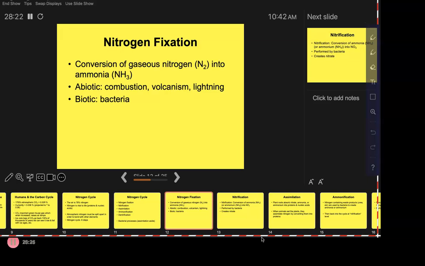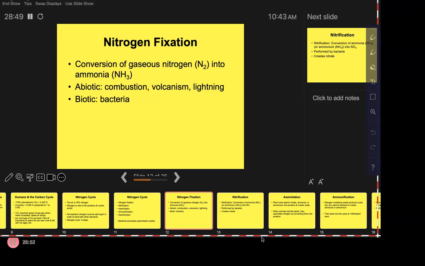So we're taking that N2 and turning it into ammonia. Now, here's another thing that's going to annoy you guys. There's ammonia, there's ammonium, and I think there's another one too. Do your best. I realize this is confusing, so I try to be as forgiving as possible when I'm writing the questions.